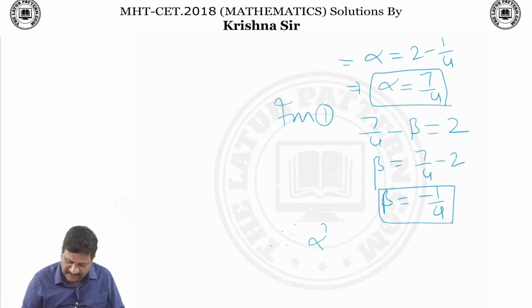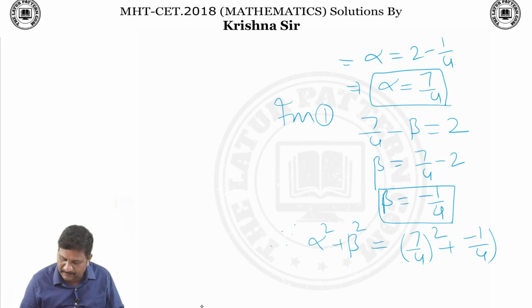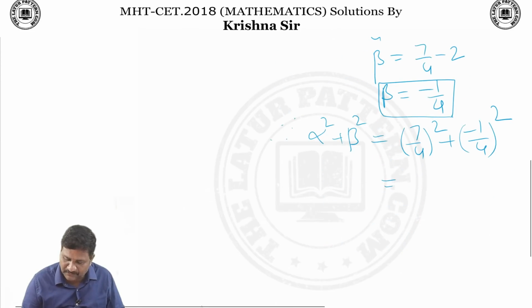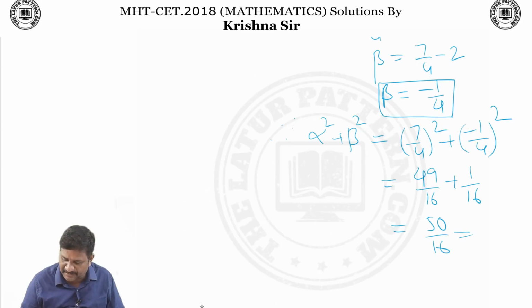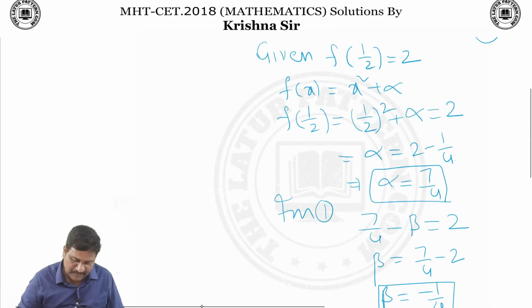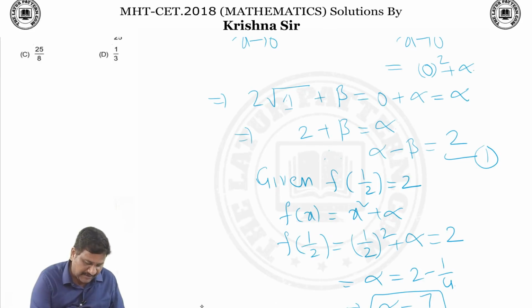Therefore, alpha square plus beta square is equal to alpha 7 by 4 whole square plus beta minus 1 by 4 whole square. So 49 upon 16 and 1 upon 16, that is 50 upon 16. It can be cancelled by 2: 25 and 8. Then our option is 25 upon 8, that is C.